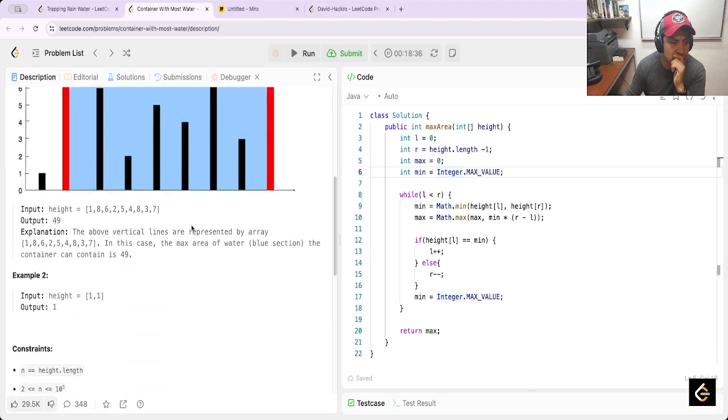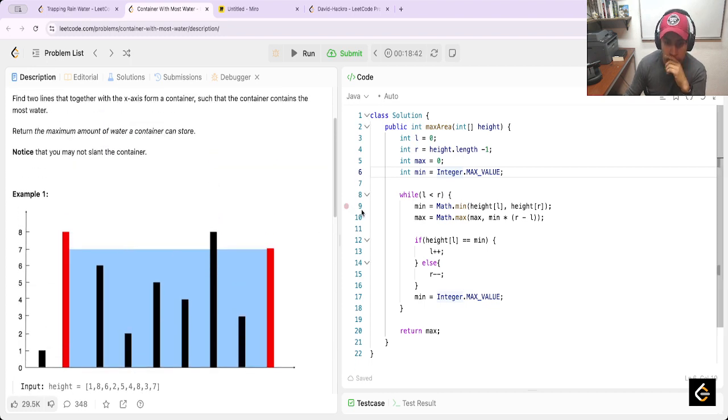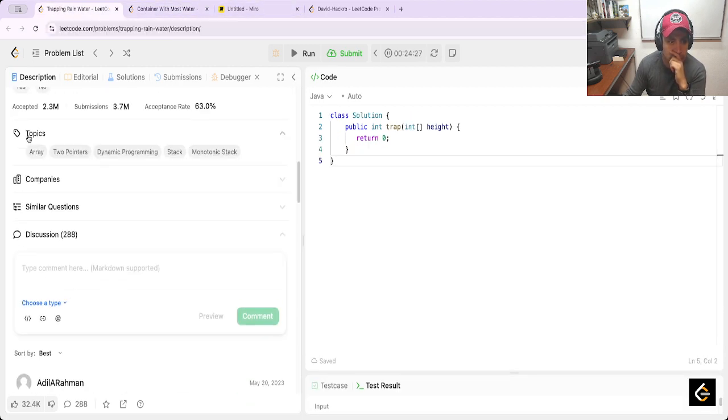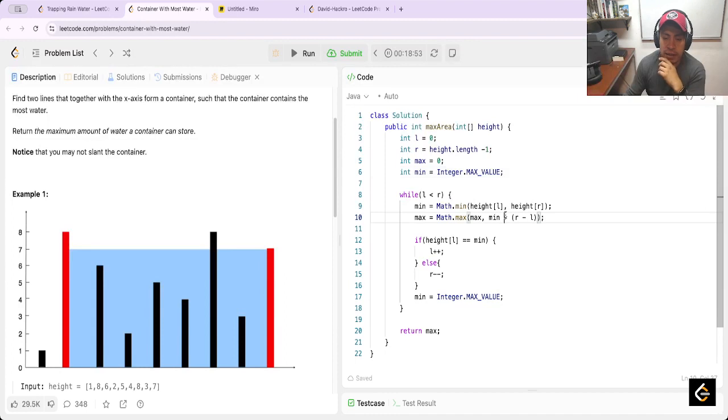Okay, in this case, for this monotonic stack, okay, let me check here. We start with L, we have the right, the max is 0, and the min is integer max. Okay, while L is less than R, min is equal to the minimum between the heights we have, in this case on the left, that is 1, and the right.